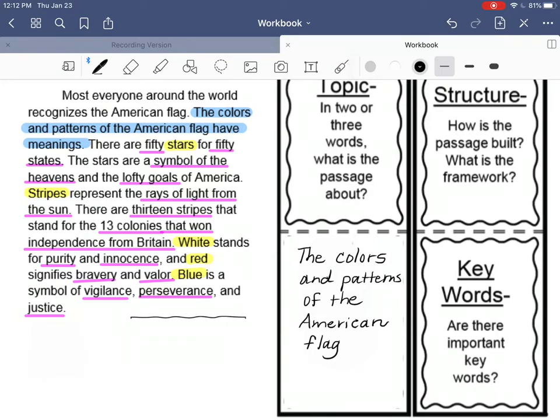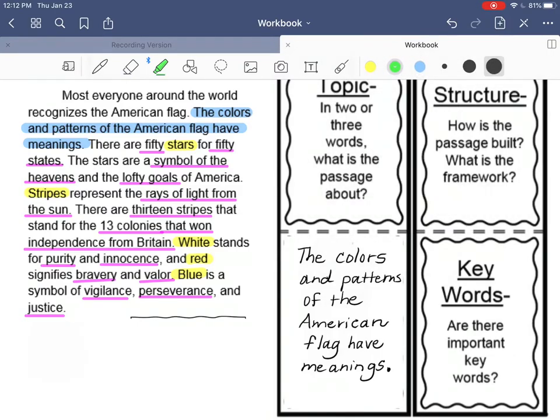So you see how I'm telling you more about the topic. The topic is the American flag. Specifically, the colors and patterns of the American flag have meaning. They were not just chosen because they're pretty. There are meanings to those symbols and patterns and colors. So we're going to use that as our main idea.